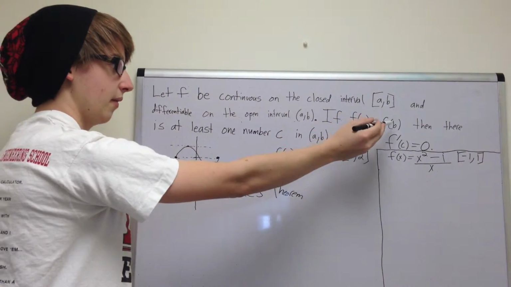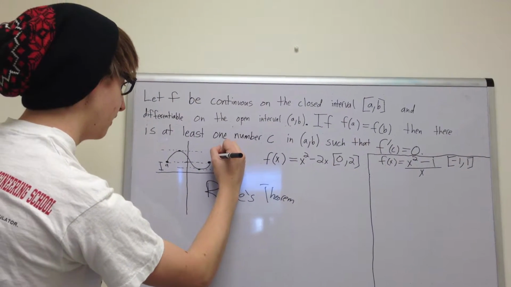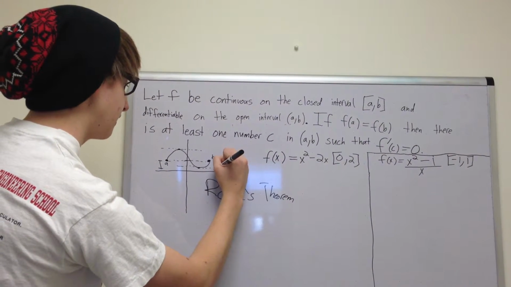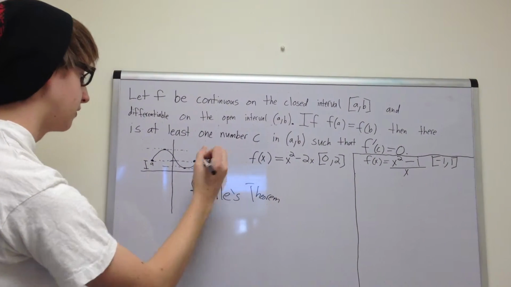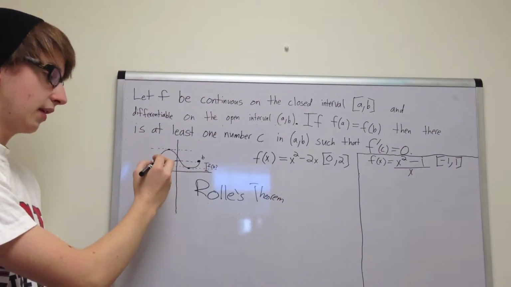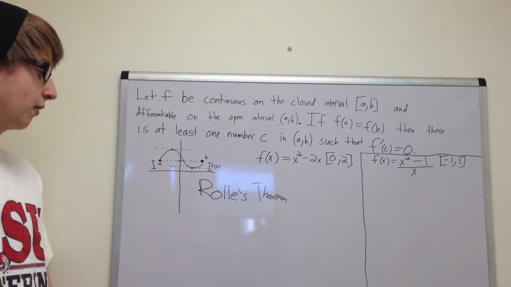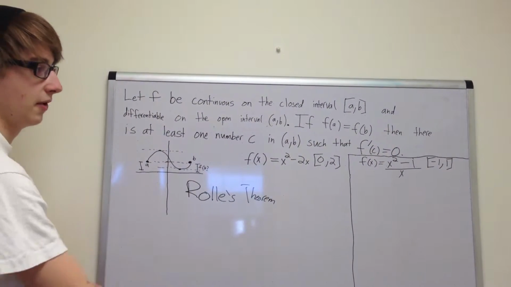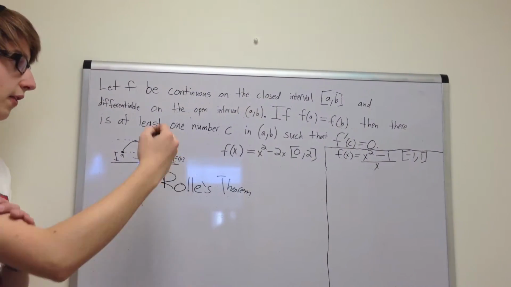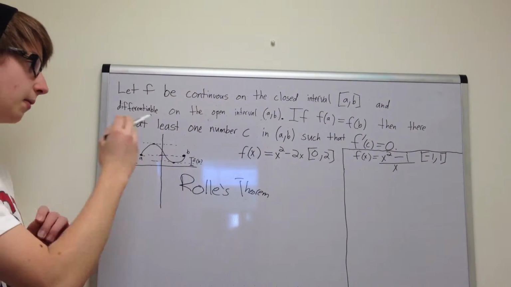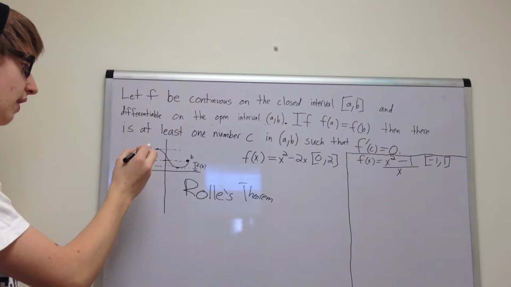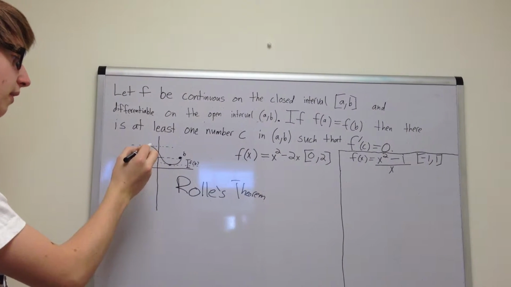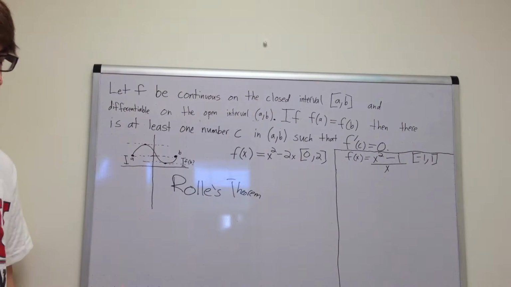And then f of b, we're going to call this point B. F of b is how far up it is. So we can see that these two are equal, and so the slope would be horizontal. And a horizontal slope is 0. So all this states is that there's at least one more number in between these two points where the slope, or the tangent line, is also 0.